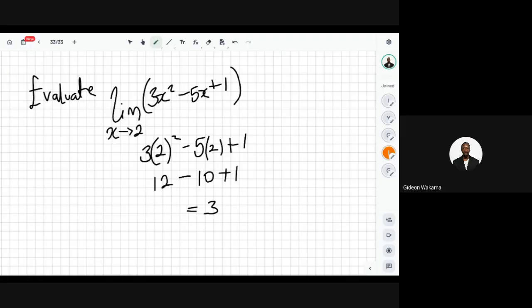Do we understand that? I thought the other one is 5x to the power of plus 1. Plus 1 equals 3. Sorry. Okay, so the answer is 3. But do we understand it?